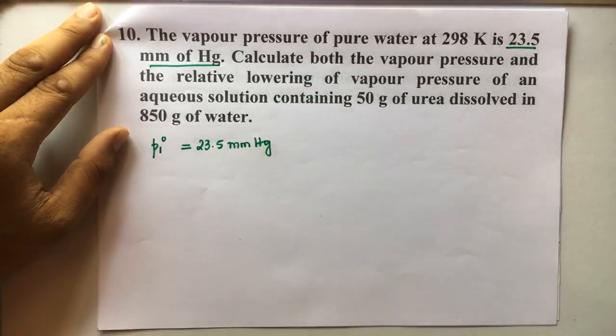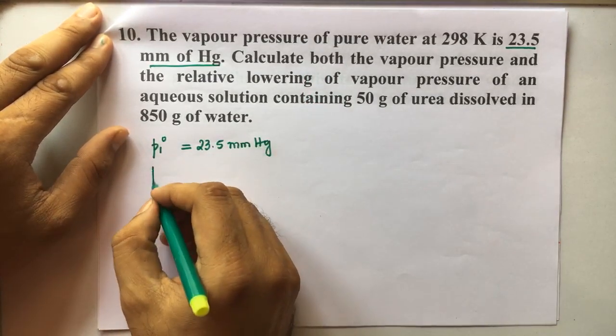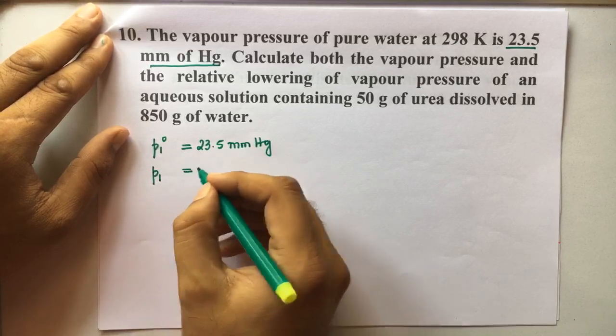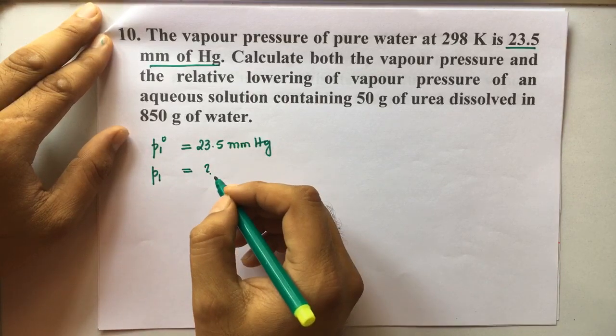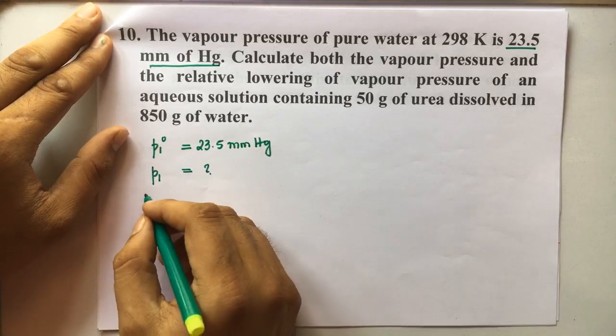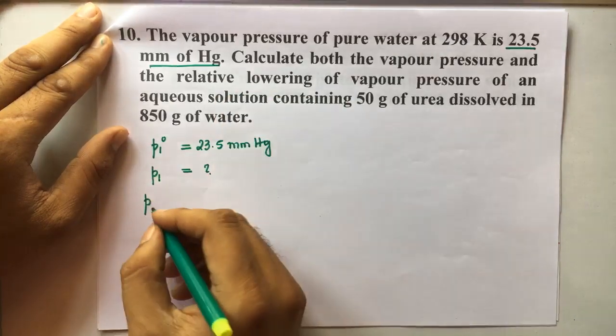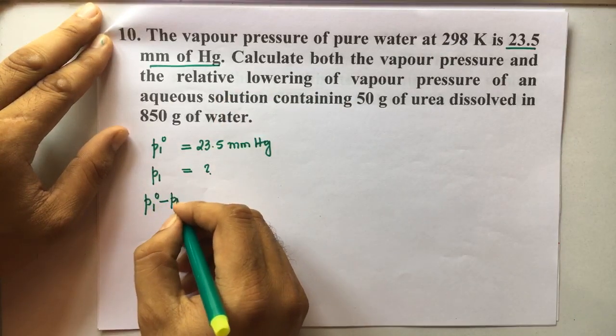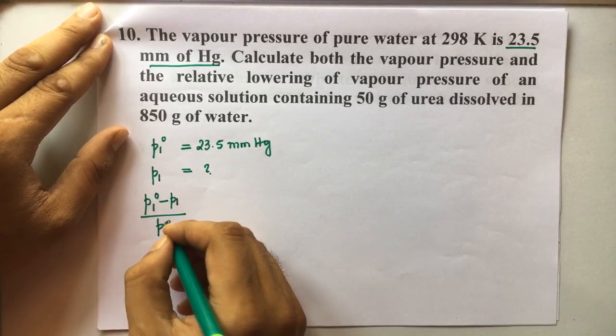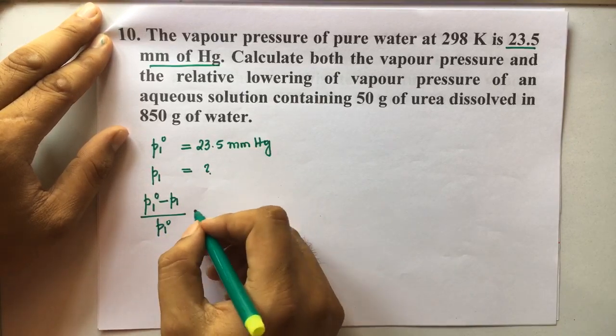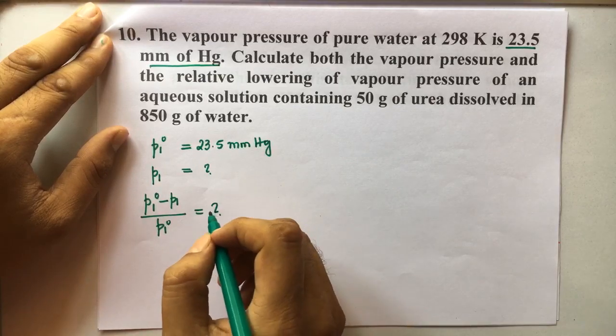Calculate both vapor pressure and relative lowering of vapor pressure. Means they are asking what is P1? That is a question mark. Relative lowering of vapor pressure is nothing but P1 naught minus P1 divided by P1 naught, that is equal to question mark.